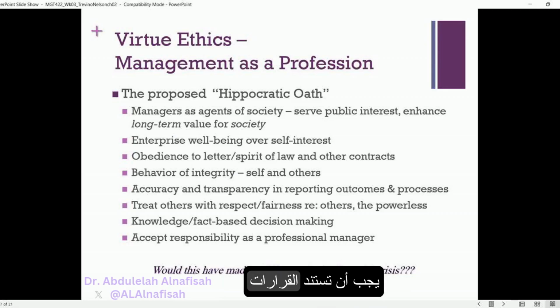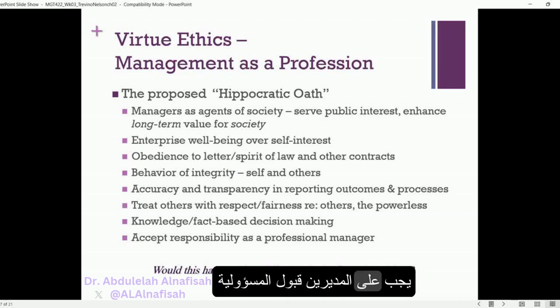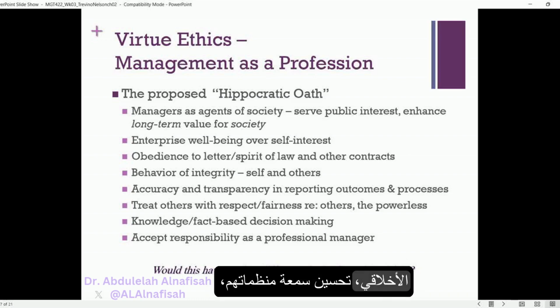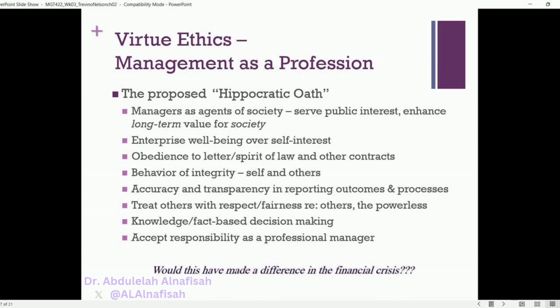Decisions should be informed by knowledge and evidence, avoiding biases. Lastly, managers should accept responsibility for their actions, learn from mistakes, and strive to improve. By adopting these principles, managers can foster ethical behavior, enhance their organization's reputation, and positively impact society.